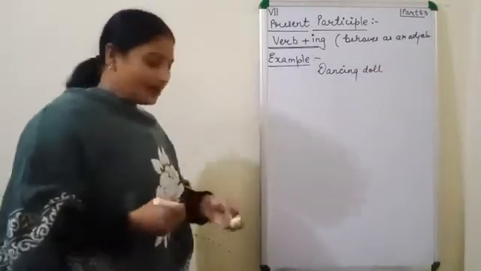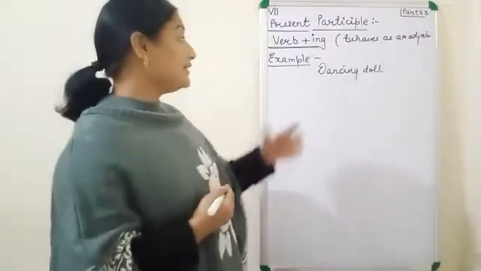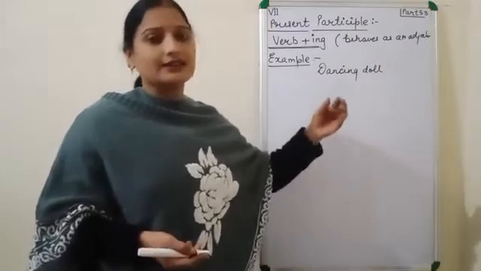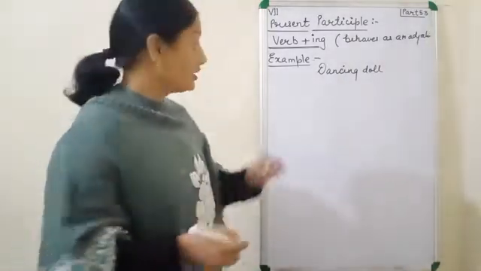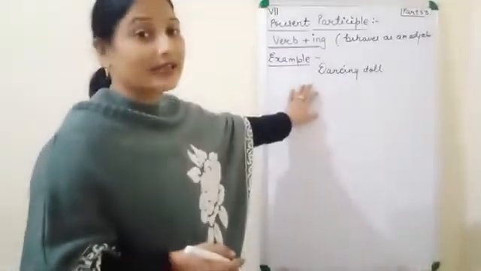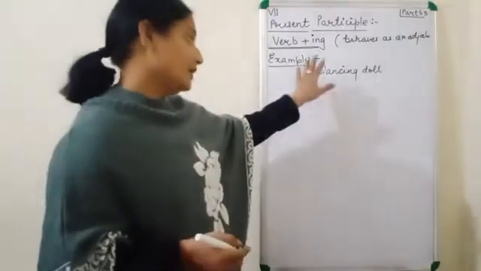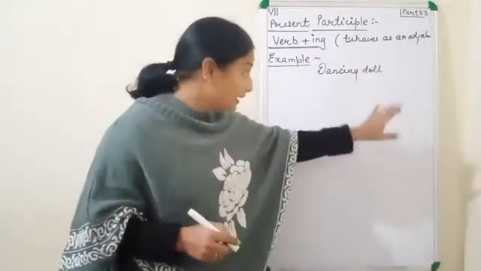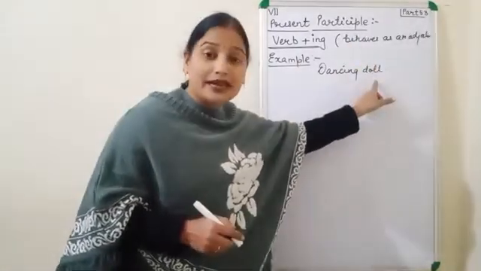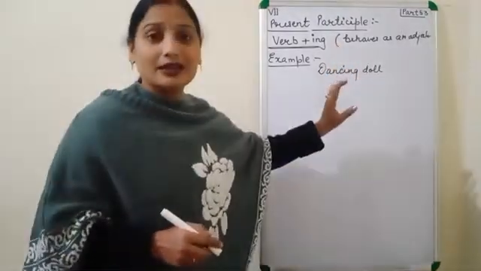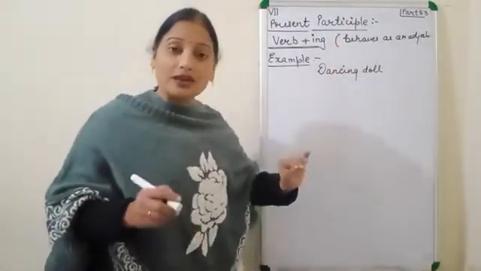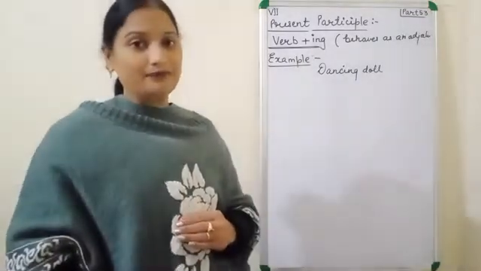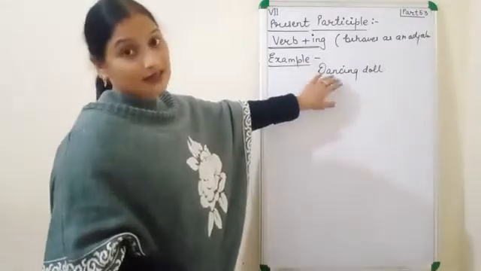At first sight, whenever you see "dancing", automatically we will think that this "dancing" is a verb. But children, look at this carefully. It is written as "dancing doll". It means here we are explaining the doll. How is the doll? The doll is dancing. We are giving the quality of the doll.